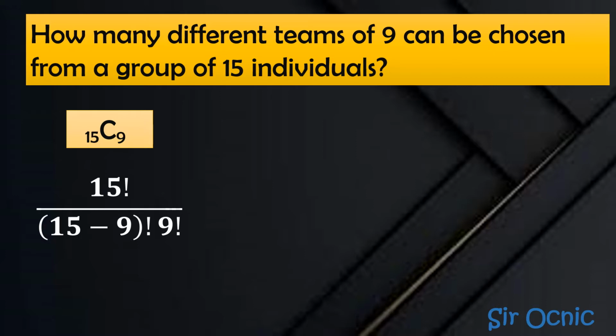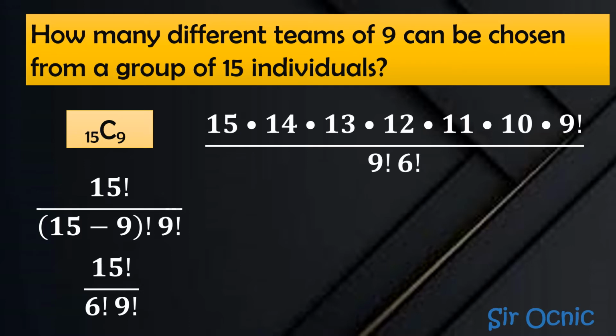So using the formula, we will have n is equal to 15 and r is equal to 9. Substituting the values of n and r to the formula, we will have 15 factorial all over quantity 15 minus 9 factorial times 9 factorial. Or simply, 15 factorial all over 6 factorial times 9 factorial.